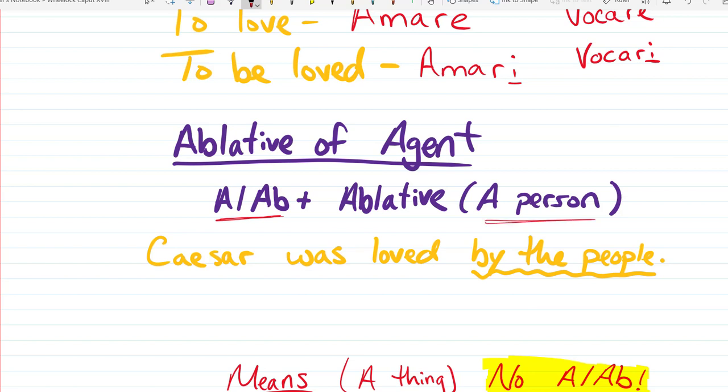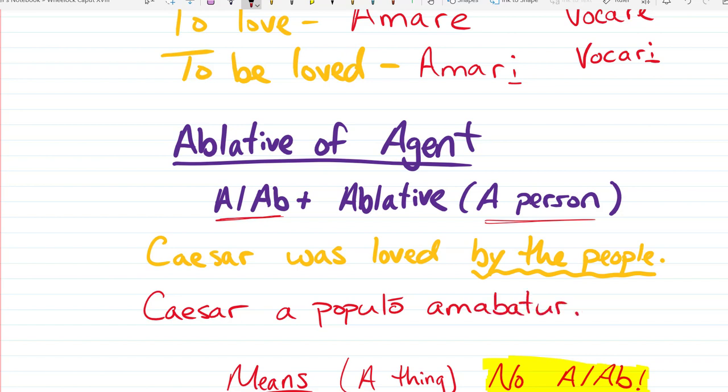So you could say a populo, by the people, and then was loved, imperfect. So I would say this is probably amabatur. Caesar was loved by the people, a populo. Technically, this is just a prepositional phrase, but what it is is an example of this ablative of agent.